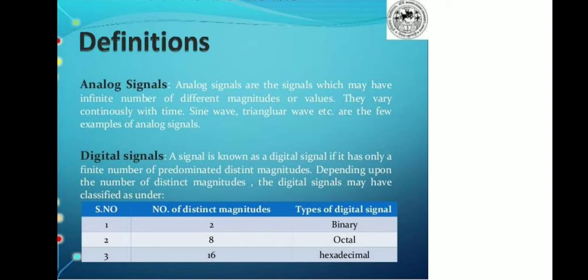Sine wave and rectangular wave are a few examples of analog signals, while a signal is known as a digital signal if it has only a finite number of predetermined distinct magnitudes. Depending upon the number of distinct magnitudes, the signals may be classified as binary, octal, hexadecimal.